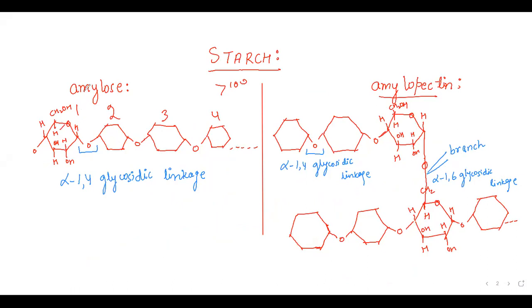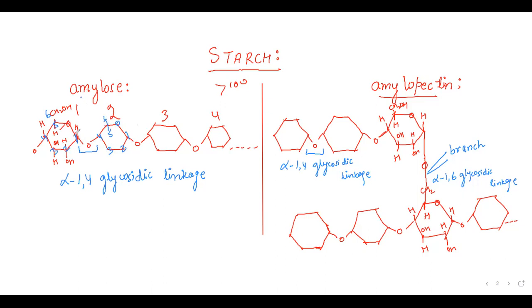As you can see in simple glucose, this is carbon 1, carbon 2, carbon 3, carbon 4, carbon 5 and carbon 6. Similarly, here we'll have oxygen, carbon 1 through carbon 6.